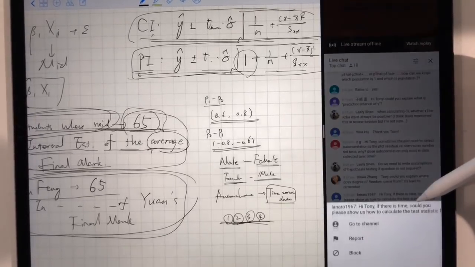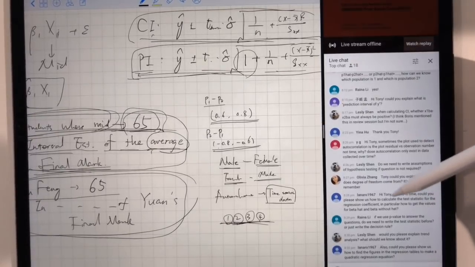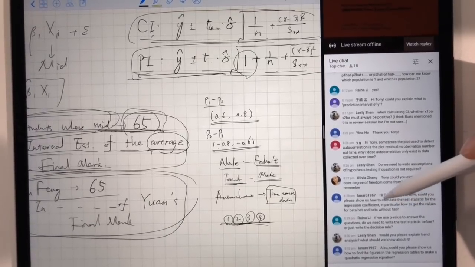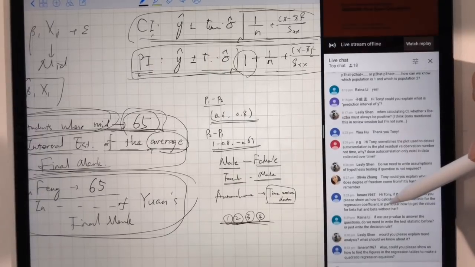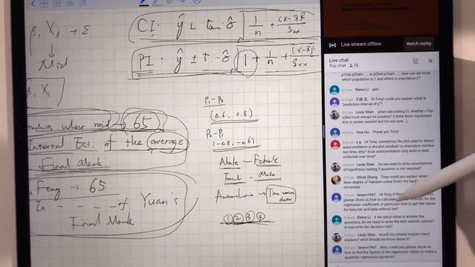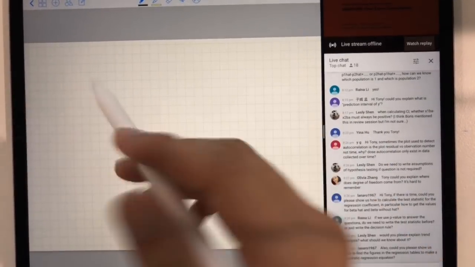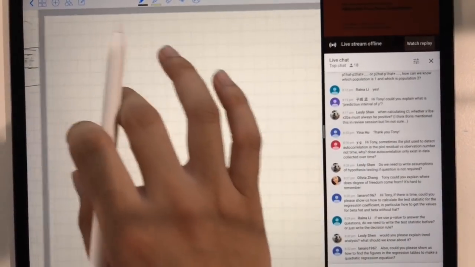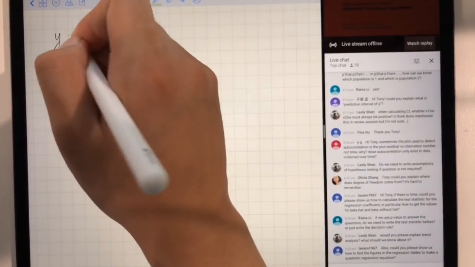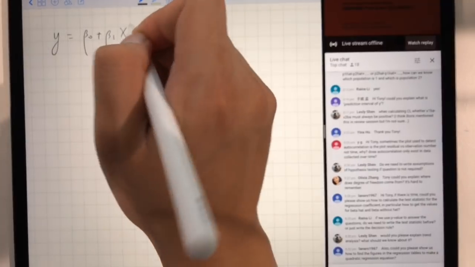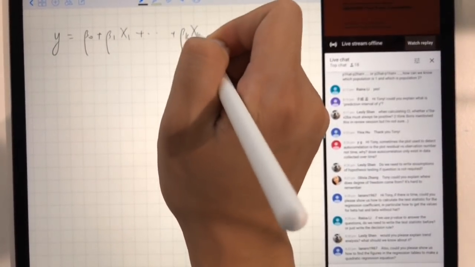Lanaro1967 is asking, Tony, if there is time, could you please show us how to calculate the test of regression coefficient? In particular, how to get the values for beta hat and beta without hat. Oh, come on. Well, first of all, your question shows that you probably don't quite understand what regression analysis is doing, okay? In a linear regression model, we have y equal, for example, beta 0 plus beta 1 x1 plus beta k xk plus epsilon.